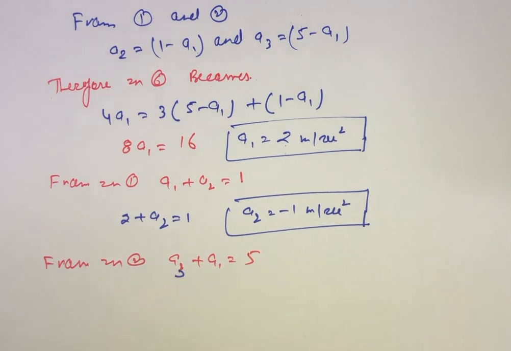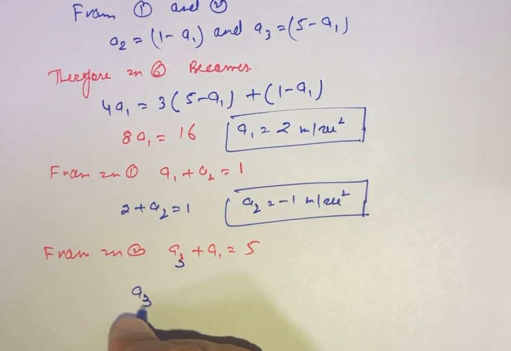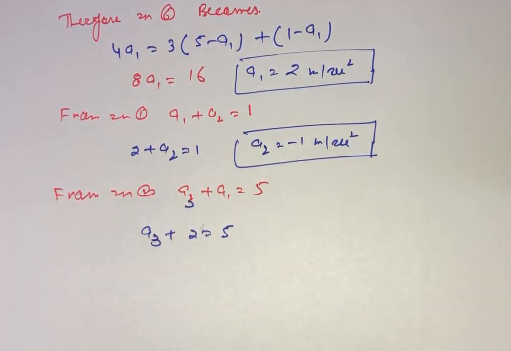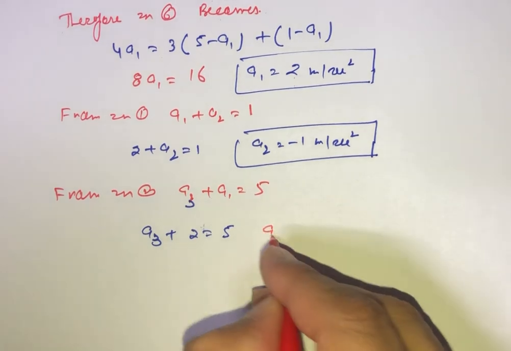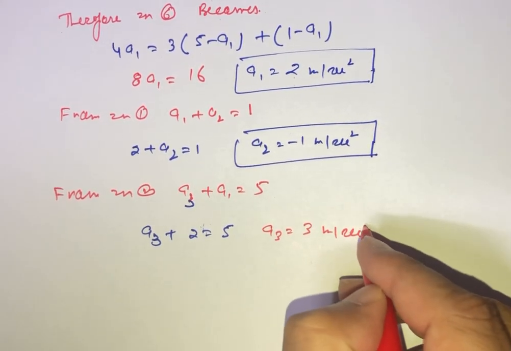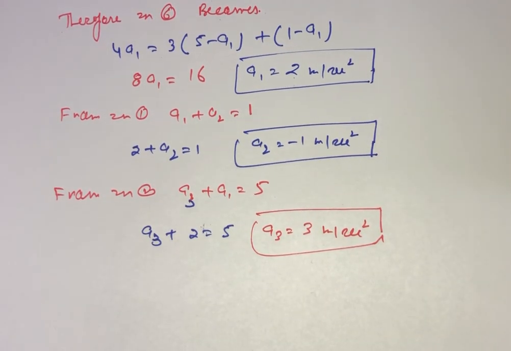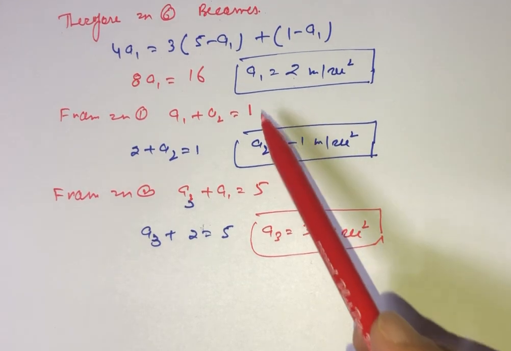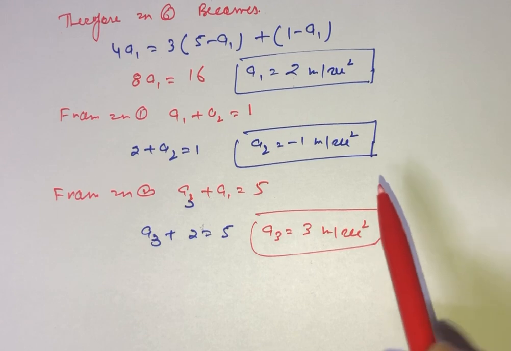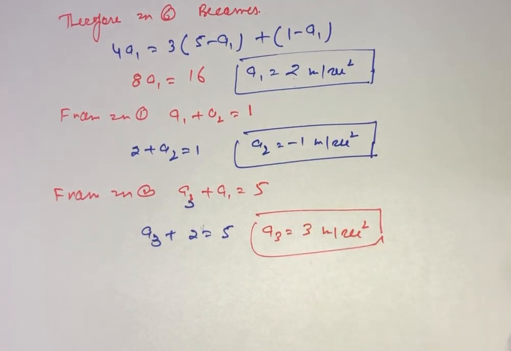We already know a1 is 2, so we get a3 plus 2 is equal to 5, and a3 will be equal to 3 meter per second square. So we got the value of a1, a2 and a3, and these are the absolute values of block 1, 2 as well as 3.